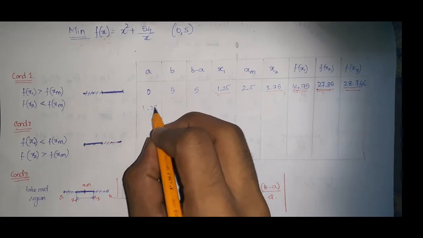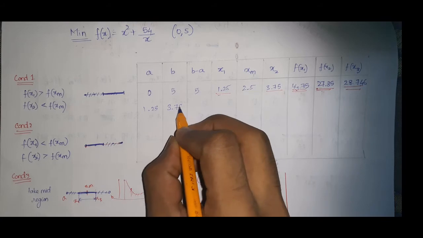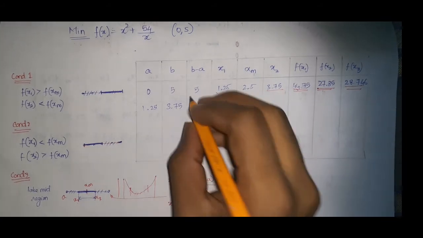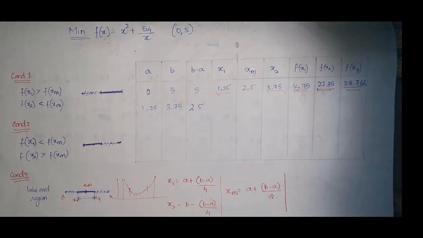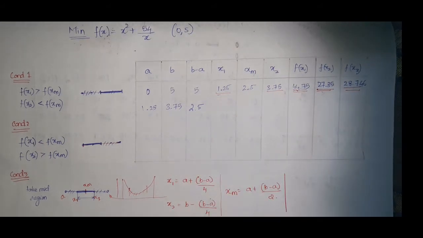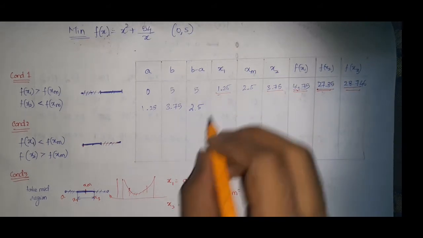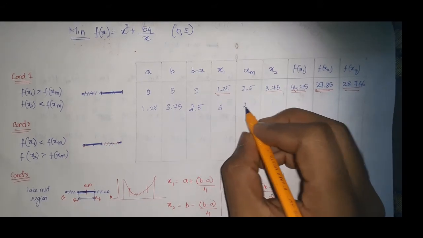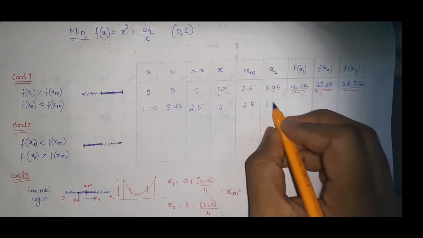So 1.25 and 3.75. What is the difference between these? Just 2.5. Again, x1, x2, x3, if you follow this formula, you will get the values as 2, 2.5 and 3.125.